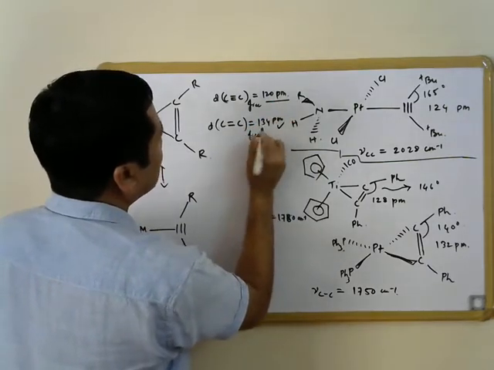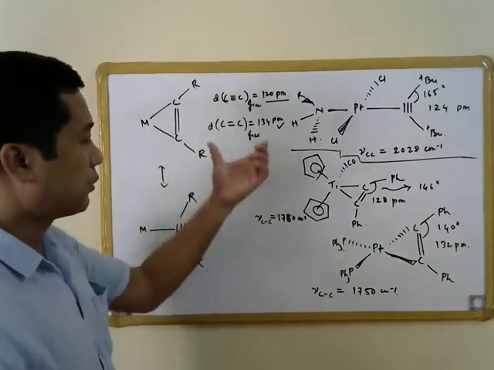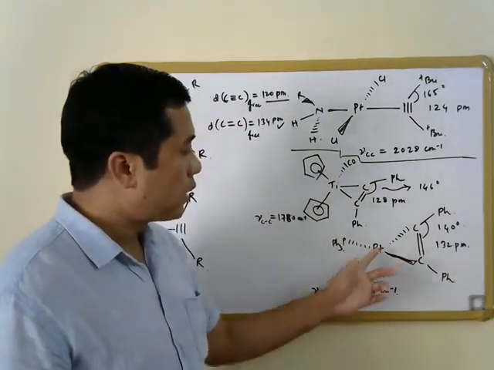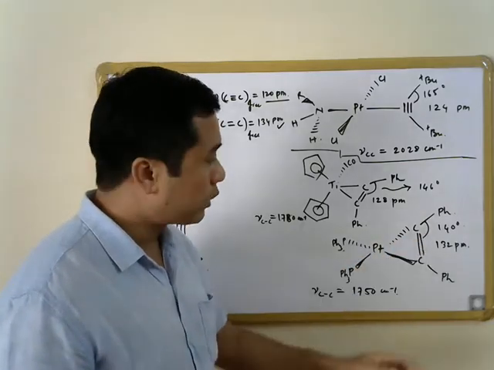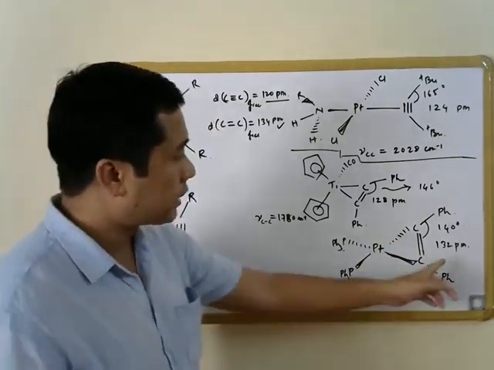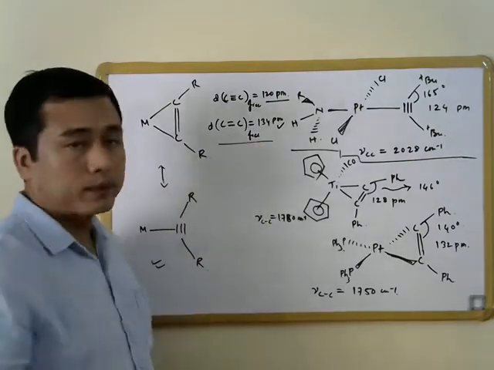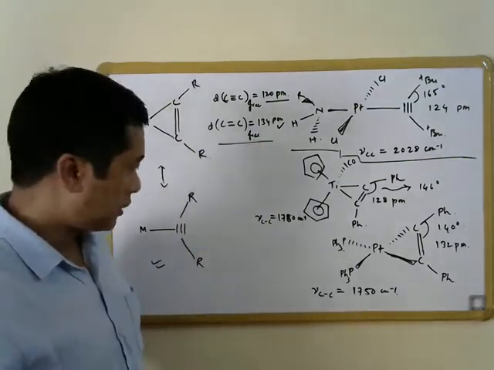In free olefin, the C-C bond distance is 134 picometer, while the C-C bond distance that we see in this platinum alkyne complex is equal to 132 picometer and is very close to the C-C distance that we see in alkenes.